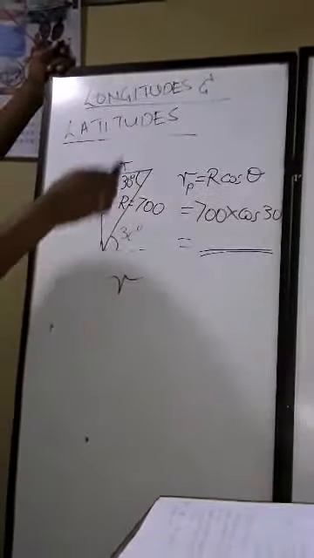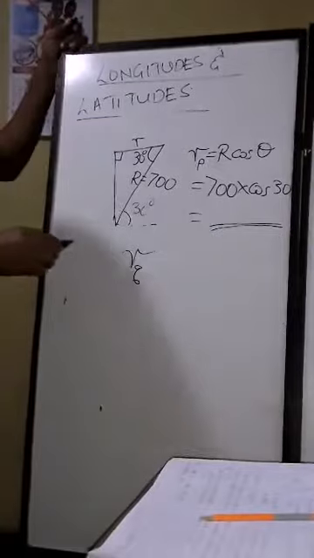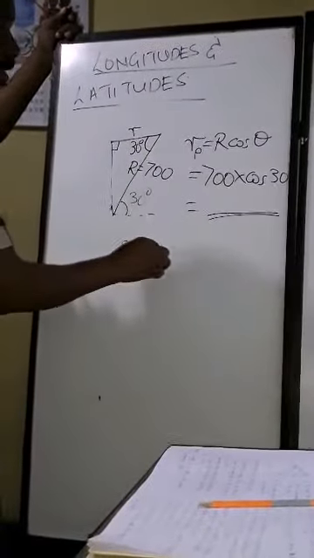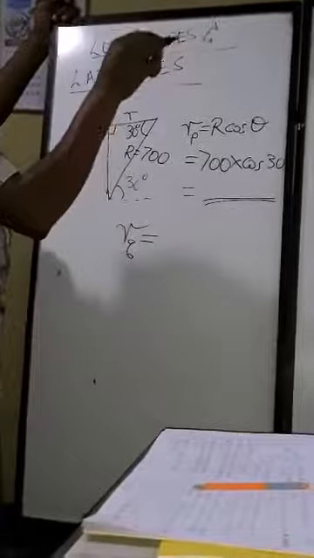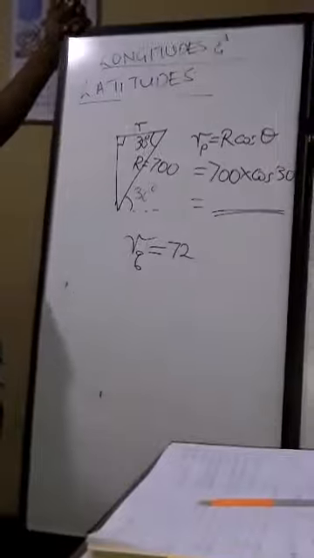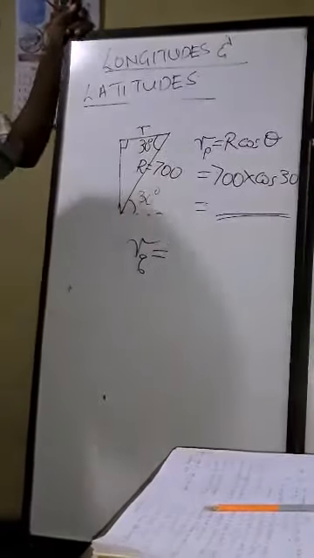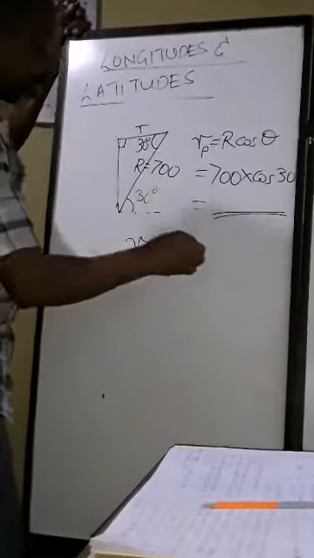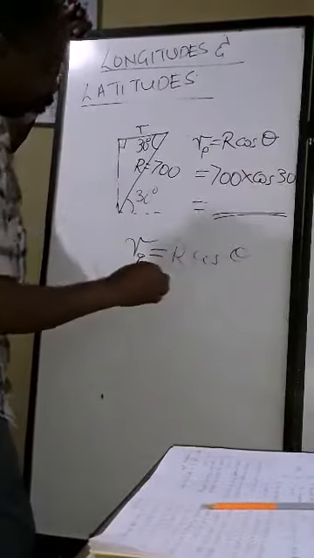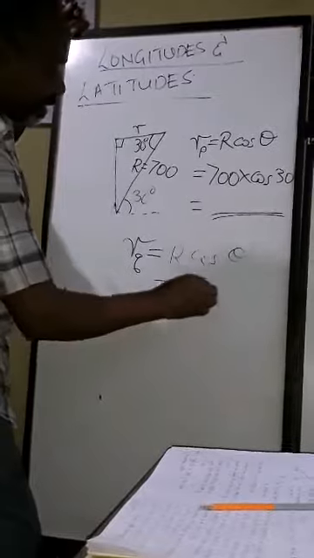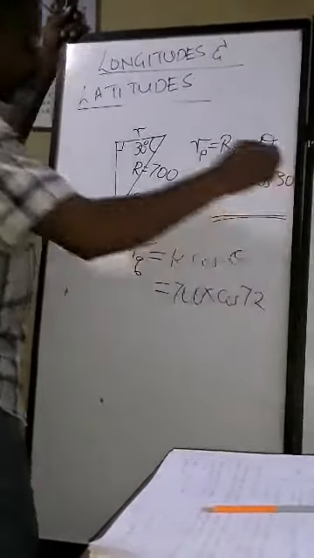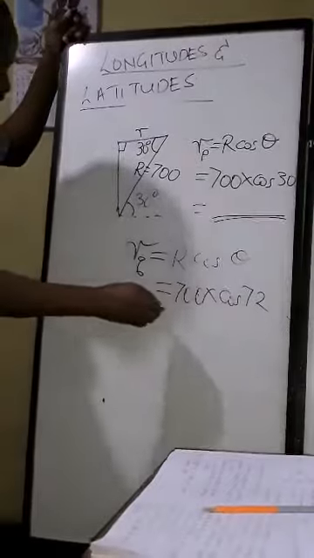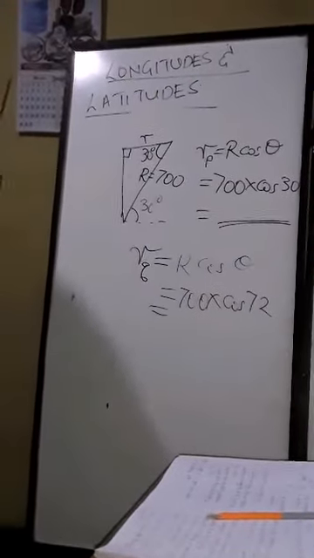Let's call this one the radius of center P, and this one the radius of center Q. So the angle subtended there, which is alternate, is 72. So it will be R cos theta, which will be 700 times cos 72, and you can finish that one.